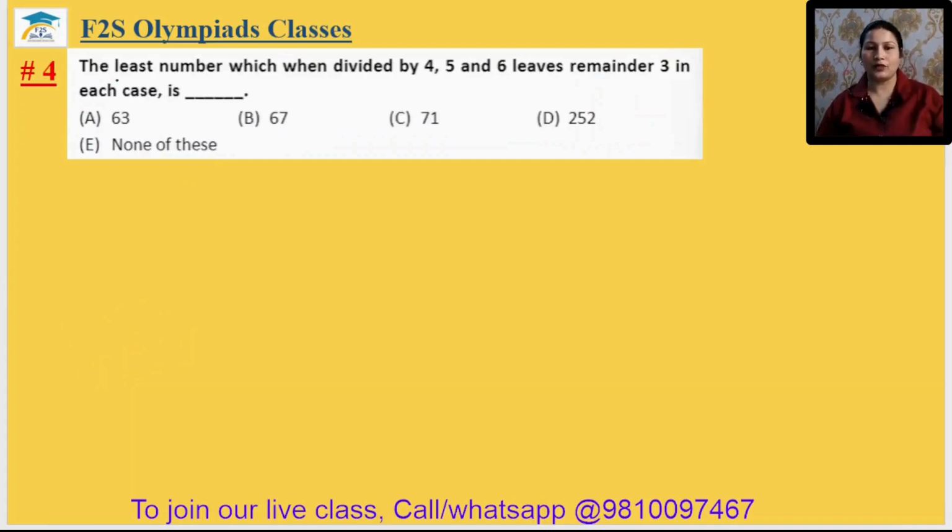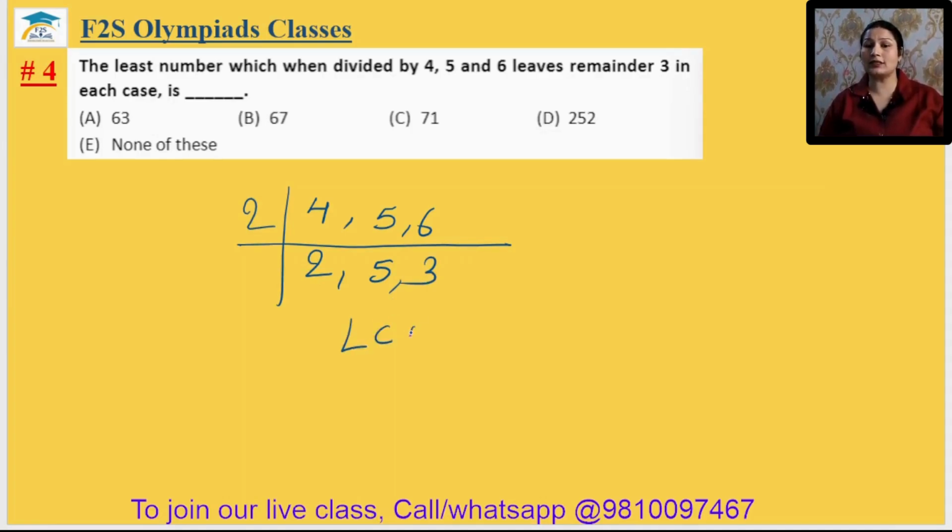Question number 4. The least number which when divided by 4, 5, 6 leaves the remainder 3 in each case. First find the number which is completely divisible by these. LCM is the number which is completely divisible by the given set of numbers.